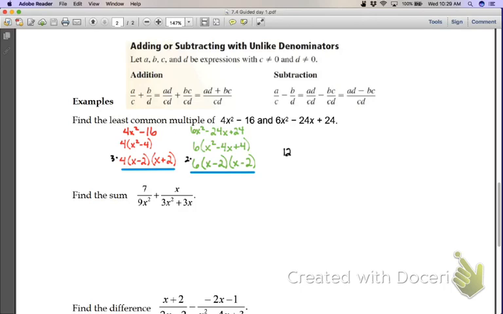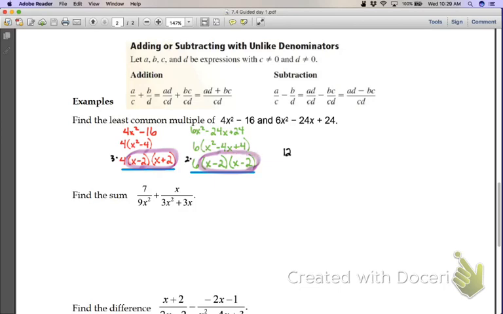Everything else is fairly simple: what do I have? What am I missing out of the red one that I have in the green one? What's the red one missing, basically from everything here and everything here?